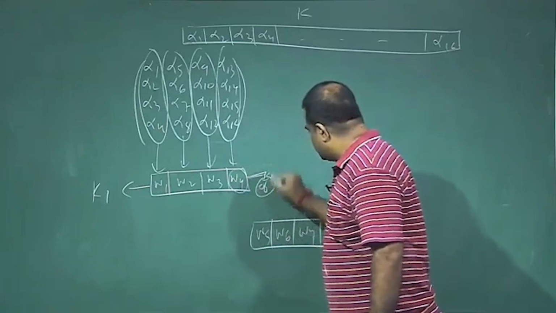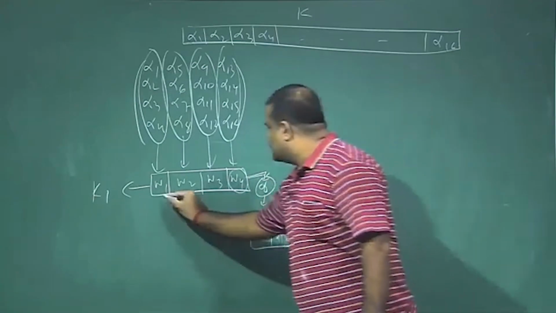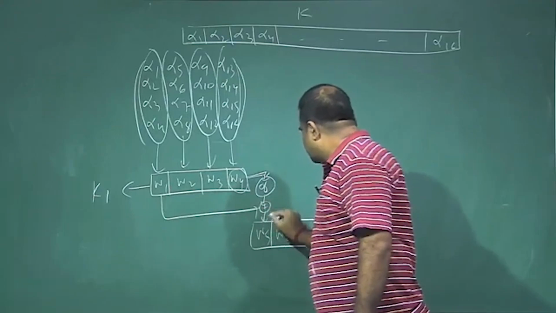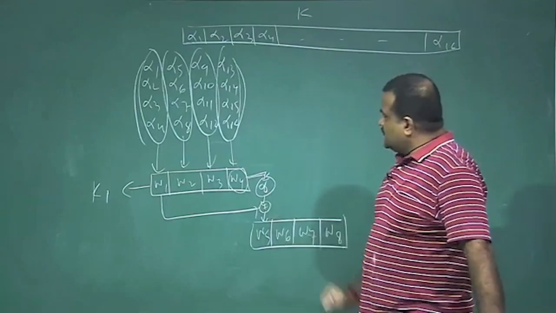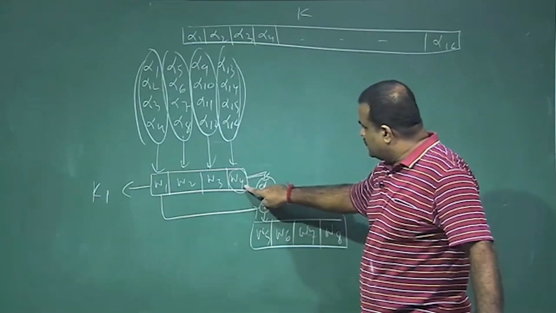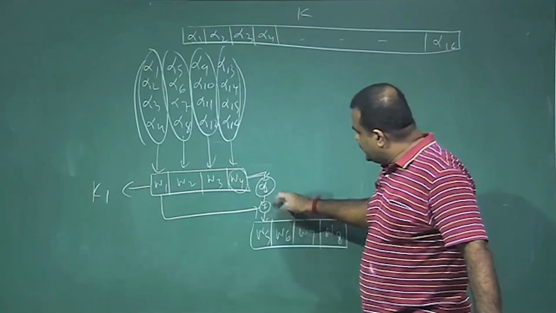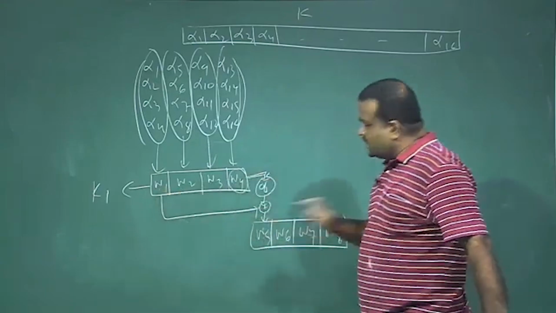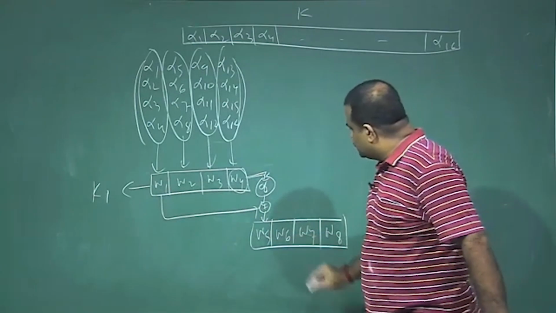We will discuss what this G function is. We take this W4 which is 32 bit, apply the G function, which again gives 32 bit, and we XOR it with W1 and we get W5. Okay. Then how to get W6?